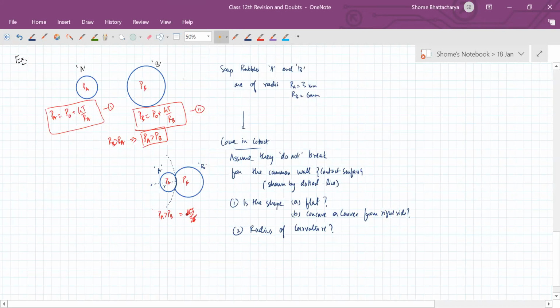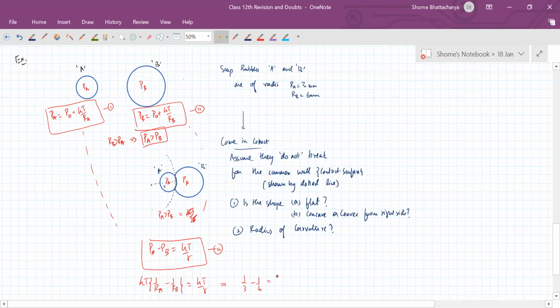And this is your equation 3: PA minus PB is equal to 4T by R. We'll more or less substitute the same pressure. There is going to be a slight difference in volume, but we'll neglect that. We'll assume that the pressure of the air inside A and B remains the same. So 4T into 1 upon RA minus 1 upon RB should be equal to 4T upon R. Let me just check the value.